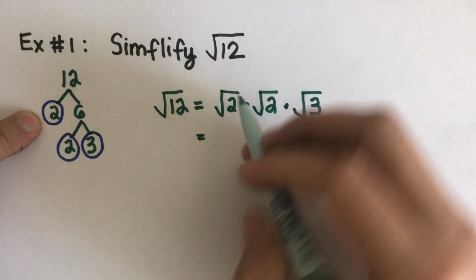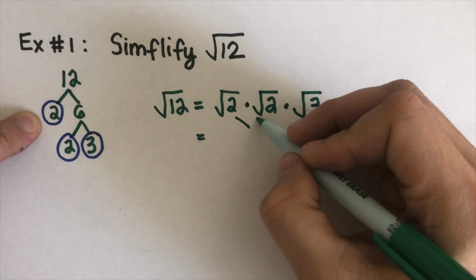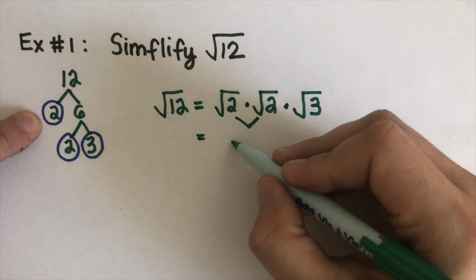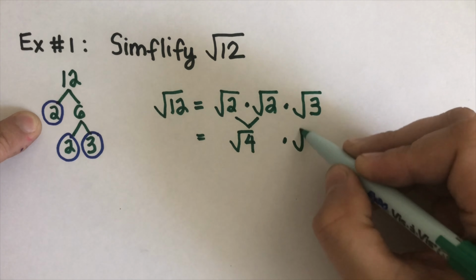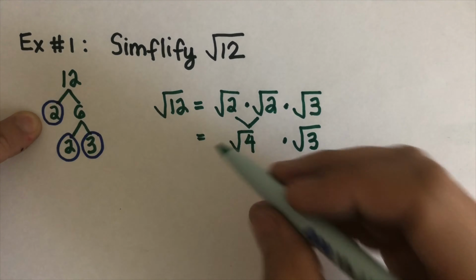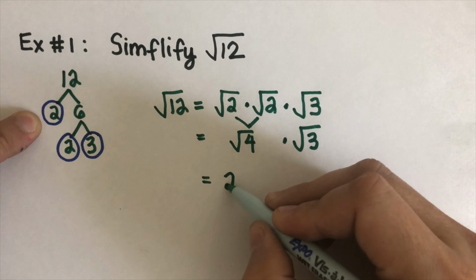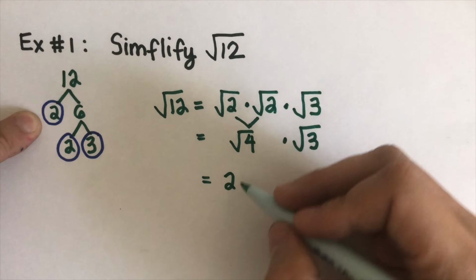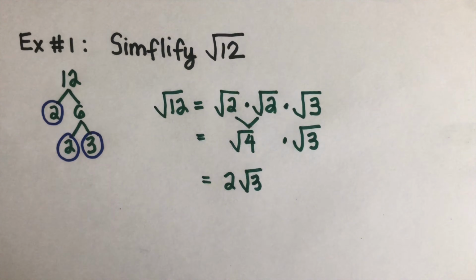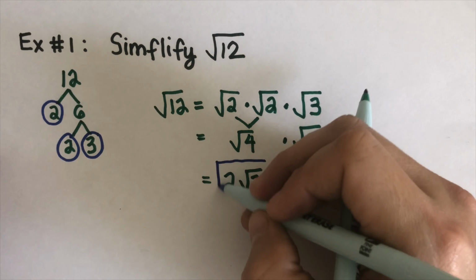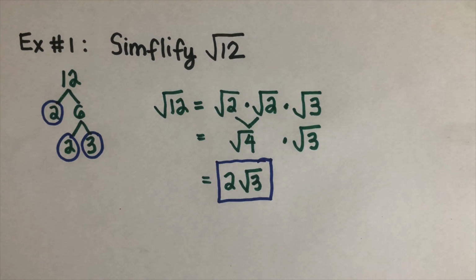The square root of 2 times the square root of 2 is the square root of 4, times the square root of 3. The square root of 4 is 2, and the square root of 3 doesn't work, so we keep it. So 2 square root of 3 is the simplified version of the square root of 12.